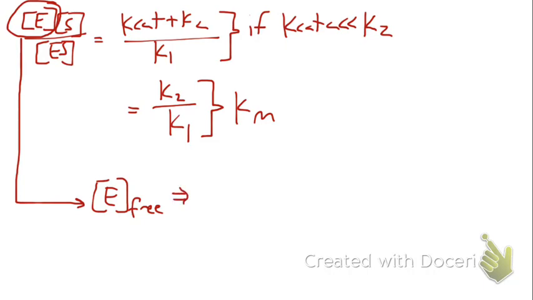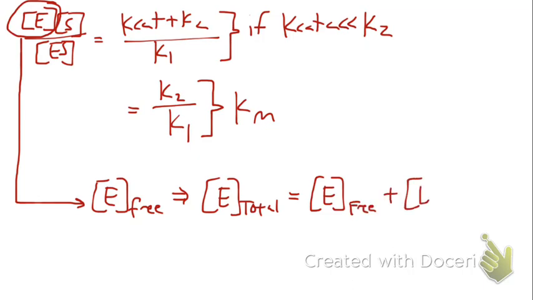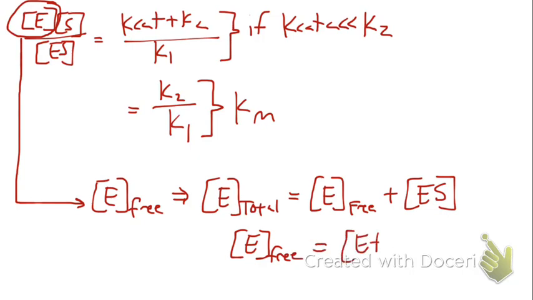But because we know that the enzyme total is equal to the total concentration of the free enzyme plus the concentration of whatever enzyme is bound to substrate, we can do a little bit of rearranging to where we end up with E free is equal to E total minus the concentration of ES.